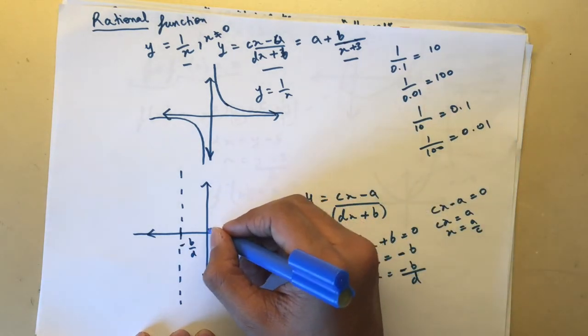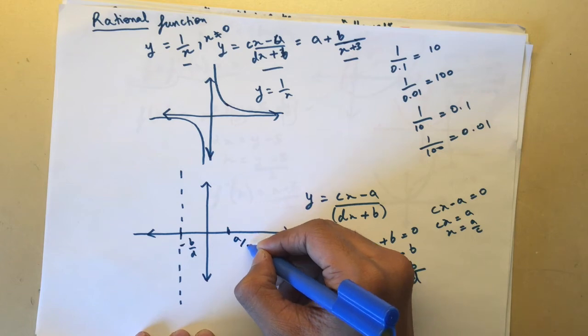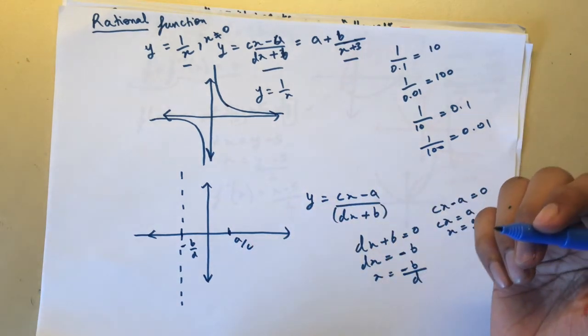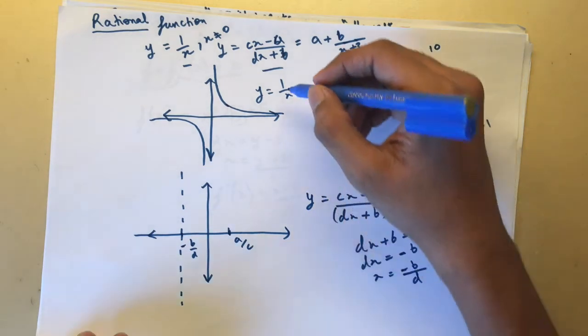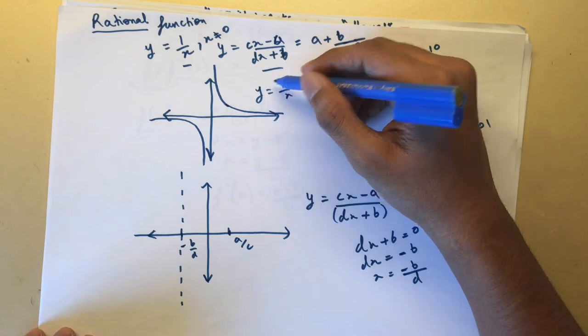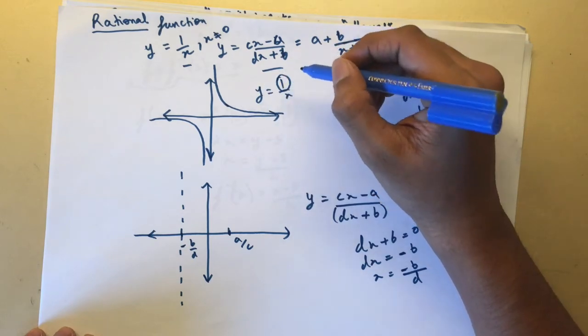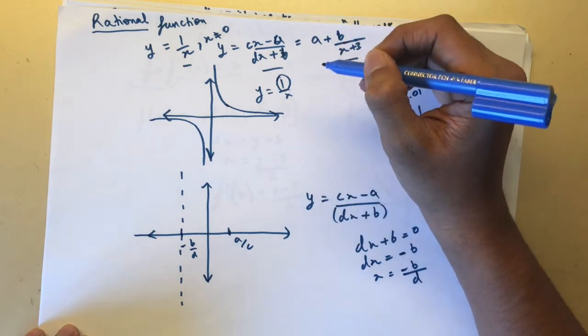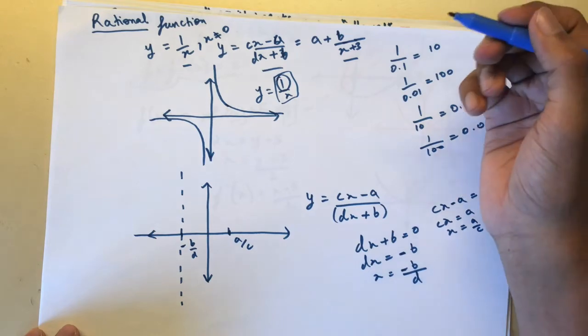So at a upon c, the function is equal to 0. And if you look at this, as y tends to 0, x cannot exist, because this 1 upon x will get very close to 0, but never actually reach 0.